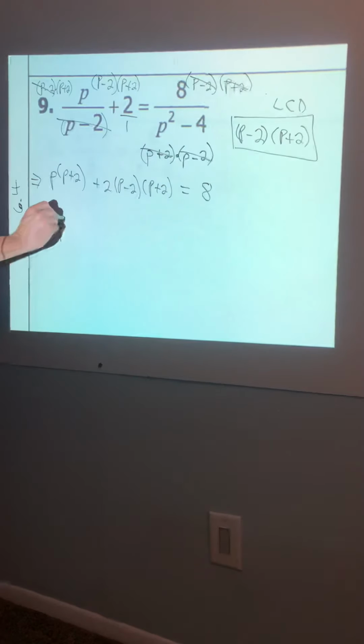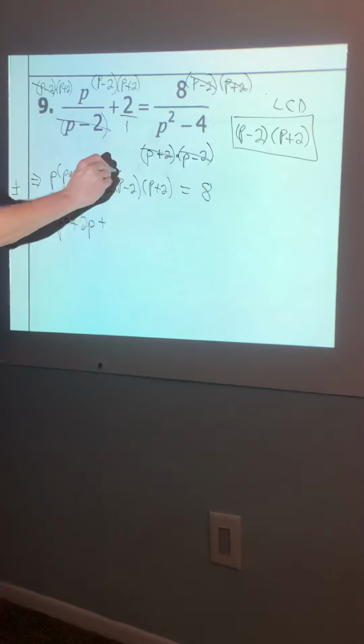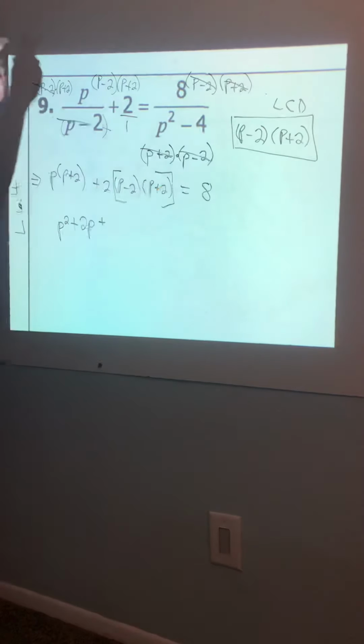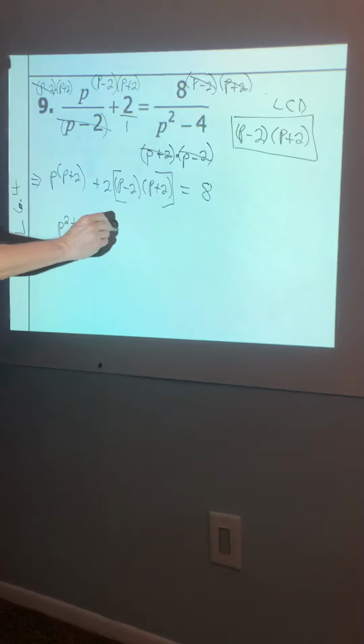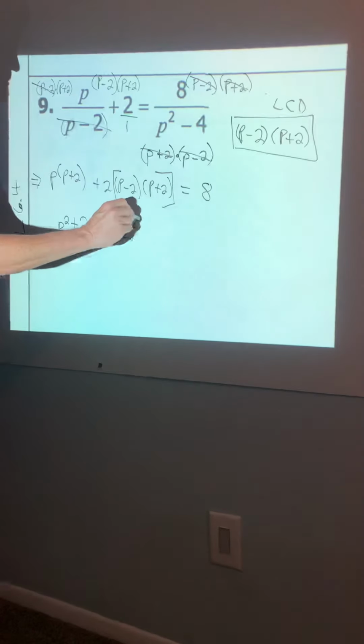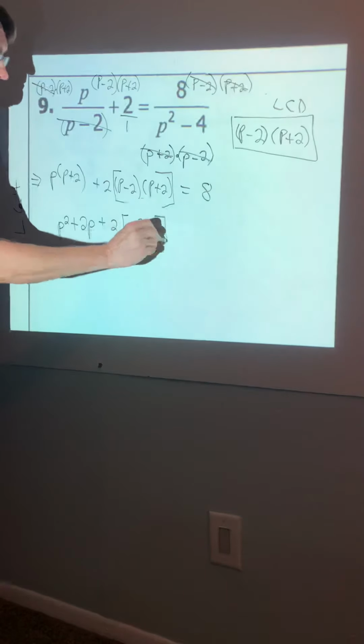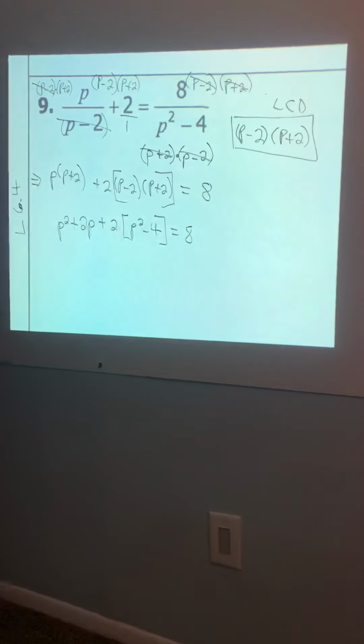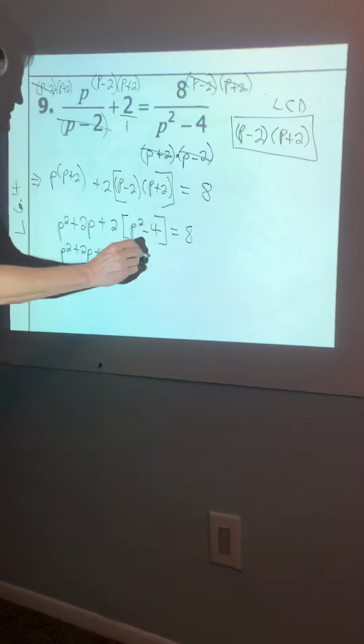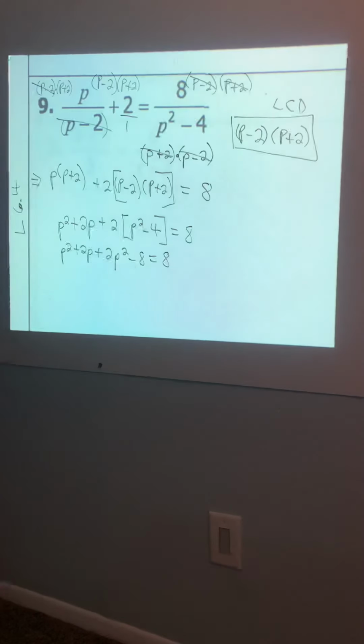This is p squared plus 2p plus I have to now FOIL this out, okay? Which is going to be 2 times p squared minus 4, okay? And then look, p squared plus 2p plus, I'm going to distribute the 2, 2p squared minus 8 equals 8. We're going to combine like terms over here.